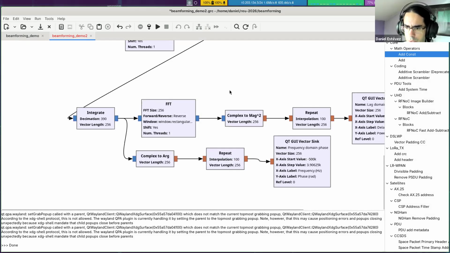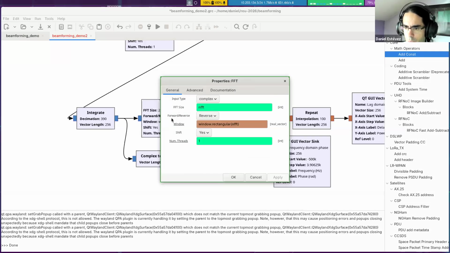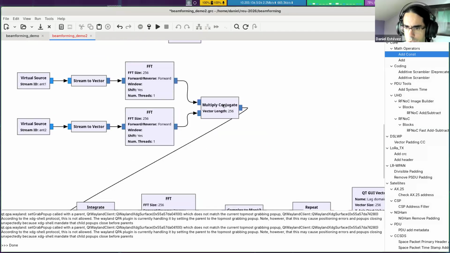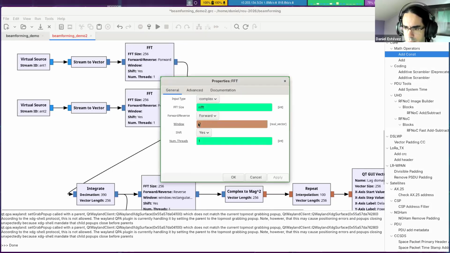The other thing we are going to do is compute an inverse FFT. The way an inverse FFT is computed is by setting the direction to reverse, which is the same as inverse. Also important, I am setting a rectangular window. I could set it as an empty list, two square brackets.